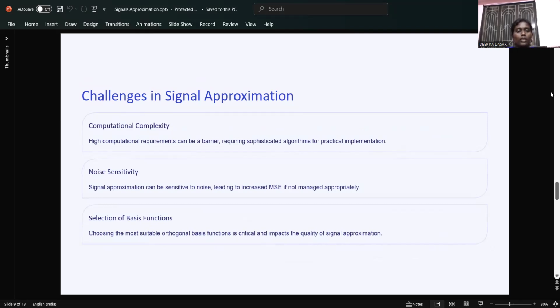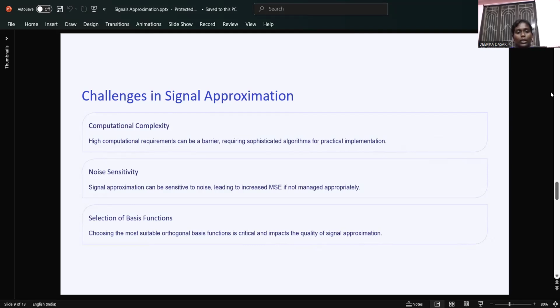We often face some challenges in signal approximation. Some of them are computational complexity, where high computational requirements can be a barrier, requiring sophisticated algorithms for practical implementation.